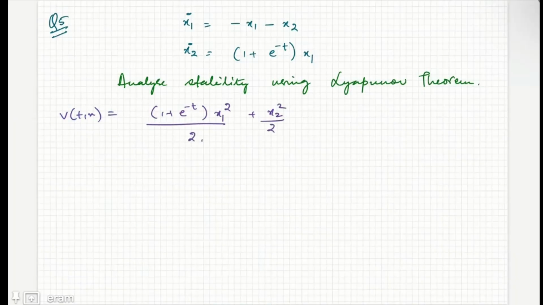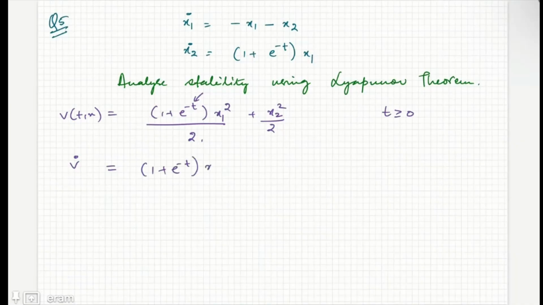Okay, so this Lyapunov function, one can easily check that it is also positive definite because this is 0 only at 0 and it is also positive. So it is a positive definite Lyapunov function. Now let's calculate its derivative. Since it's a time varying function, we should find its derivative with respect to t also.